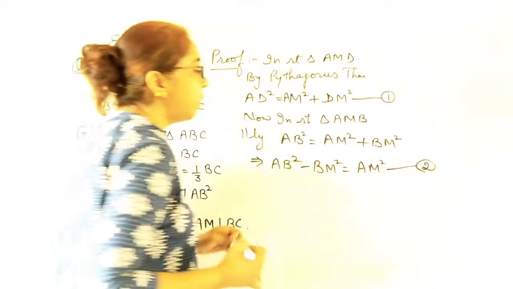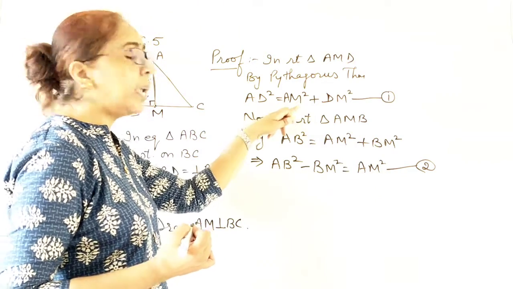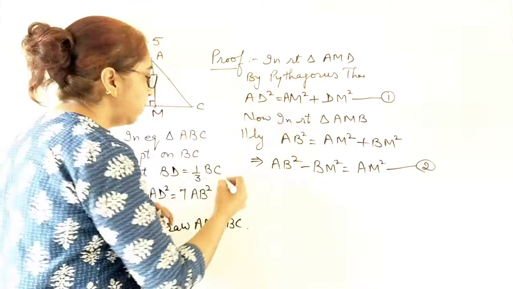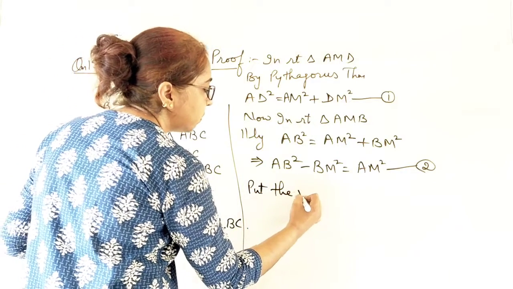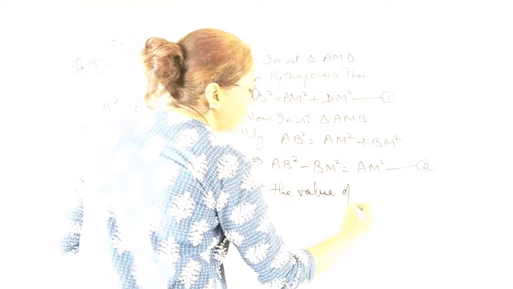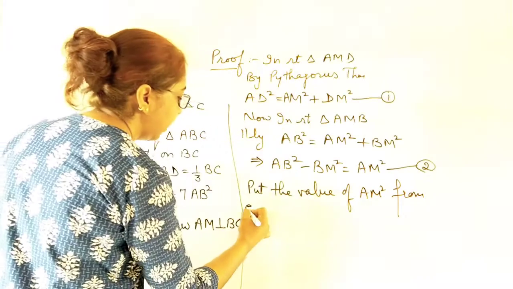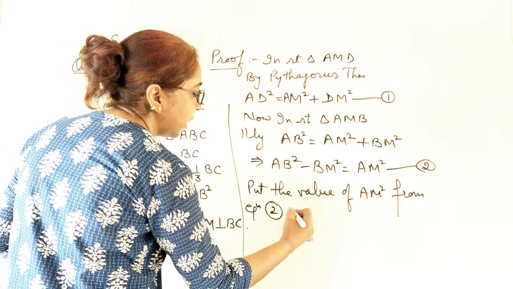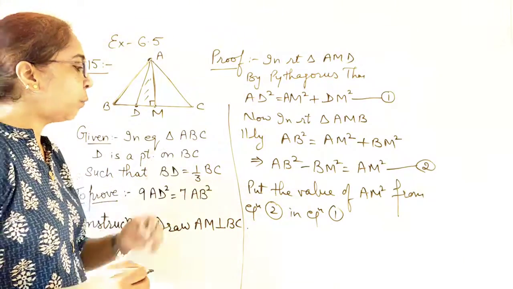This is number 2. Now from equation 2, I am putting the value of AM square in equation 1. So put the value of AM square from equation 2 in equation 1. So after putting, what we get?